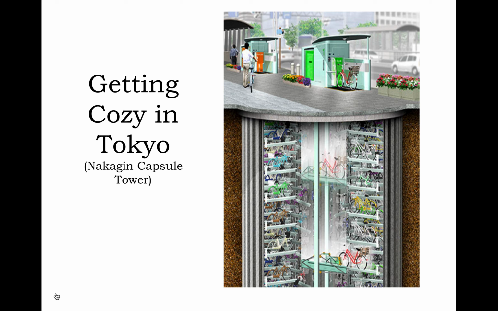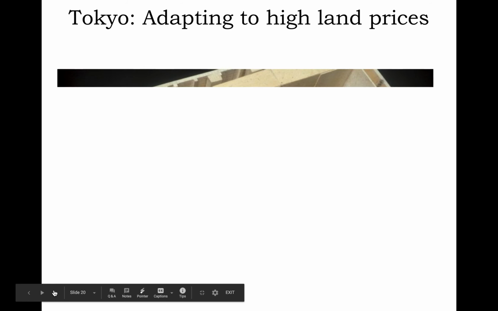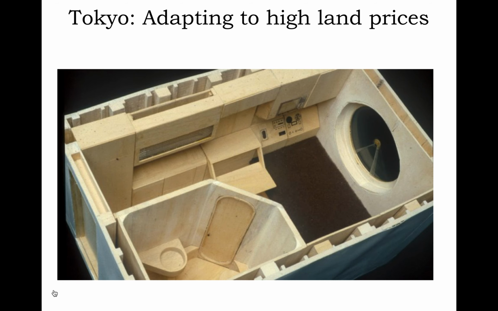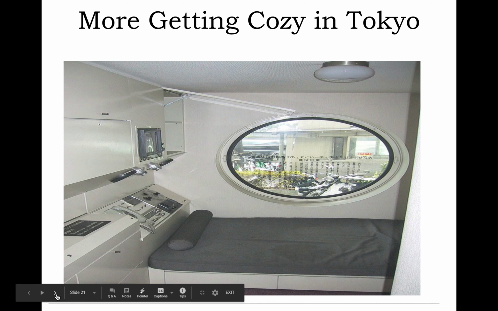And we can see intensive land use with pod-like naps, almost designed as large apartment pods. Again, we can see the intensive land use with how small the living quarters are in Tokyo.